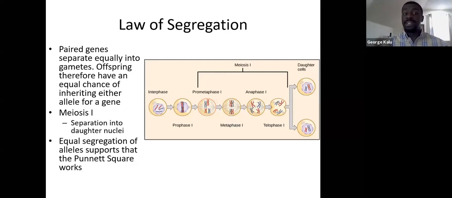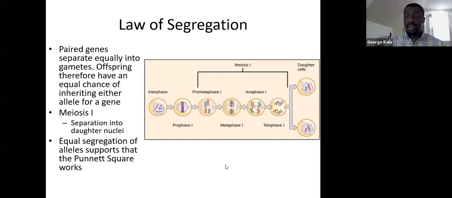And so for that reason, that also tells us that the paired genes, the genes within each homologous chromosome, have an equal chance of separating into one of the gametes. And so we have an equal chance of inheriting one gene or the other. You're going to either inherit one or the other. And that's going to be mainly seen through this process of meiosis 1 here. And so this is the reason that we know our Punnett squares actually work.